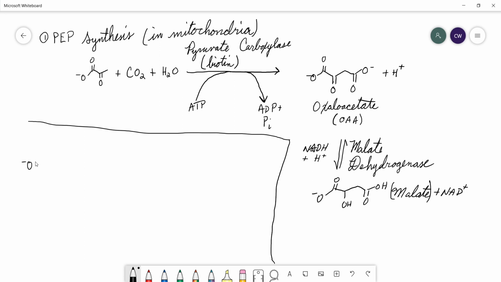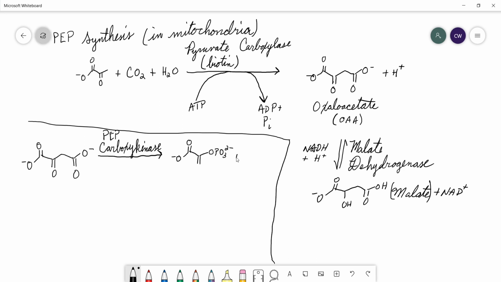So we take our oxaloacetate, and the enzyme PEP carboxykinase converts that into PEP, with a mole of CO2.